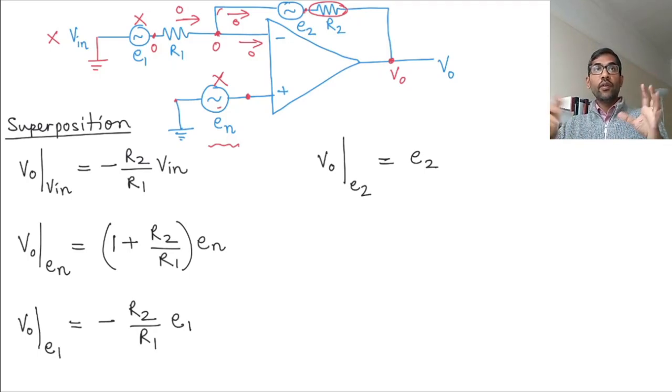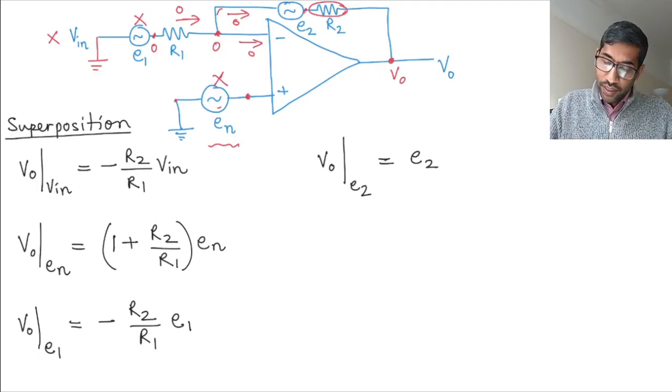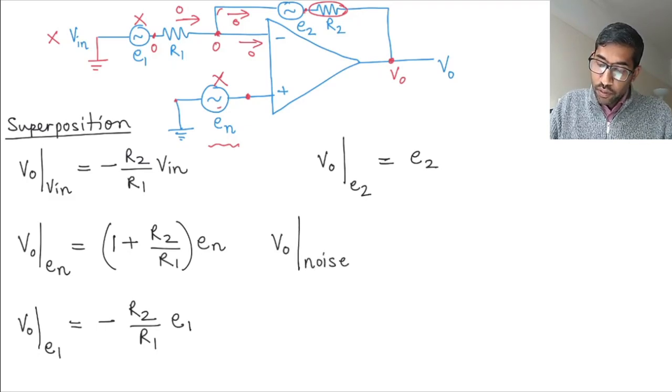Now we have got all this. What is the total output going to be? The problem with calculating the total output is that you will have to have all of these as RMS voltages. So the better way to do it would be to calculate the noise at Vout, and that's going to be this square plus this square plus this square.